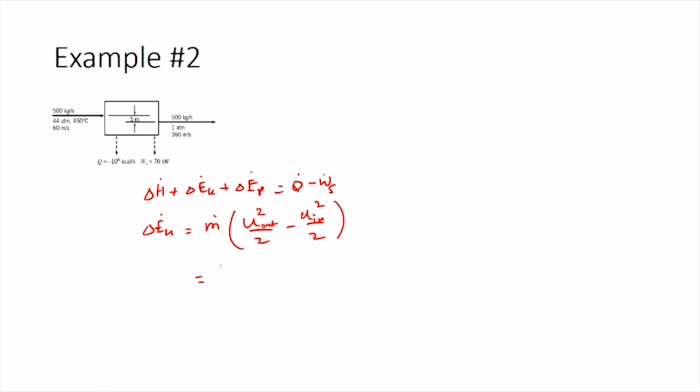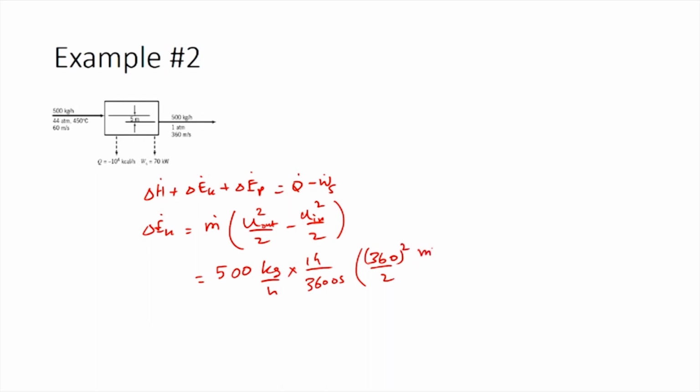So, this means your mass flow rate would be 500 kilograms per hour. This needs to be converted to kilograms per second, because we have the velocities in terms of meters per second. So, this would be 1 hour in 3600 seconds times u out squared, which is 360 squared divided by 2.